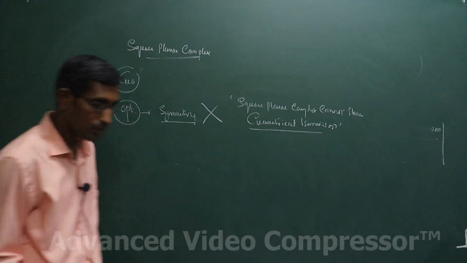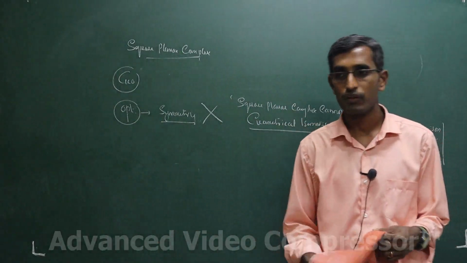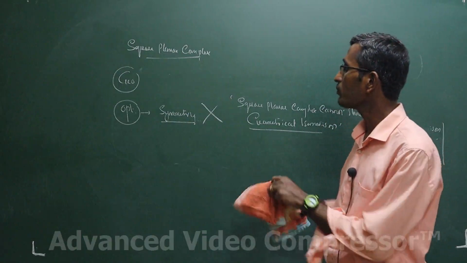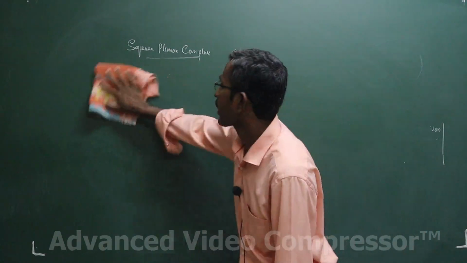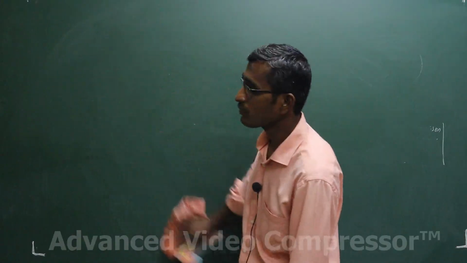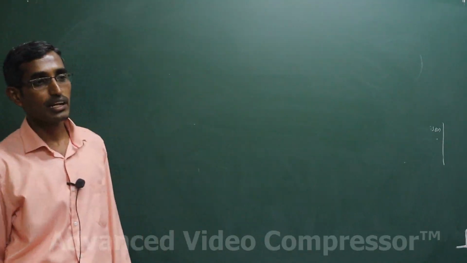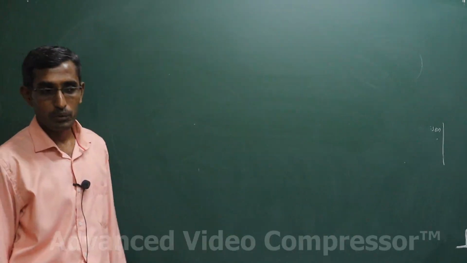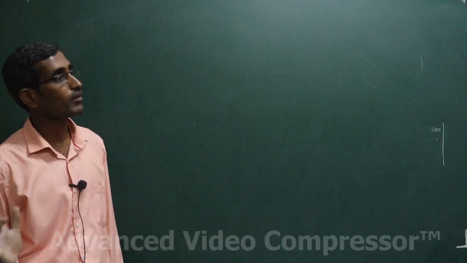Clear? Now let us move on to the geometrical isomerism in the square planar complex. We have concluded that in the square planar complex, optical isomerism is not possible. For example, if they give the nickel tetracyanide complex or the platinum tetrachloro complex, these are all square planar complexes.